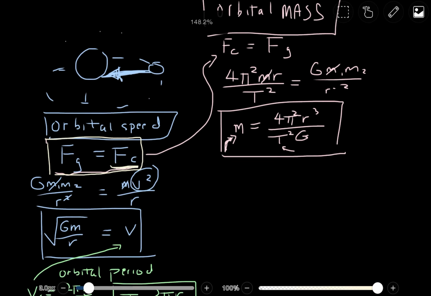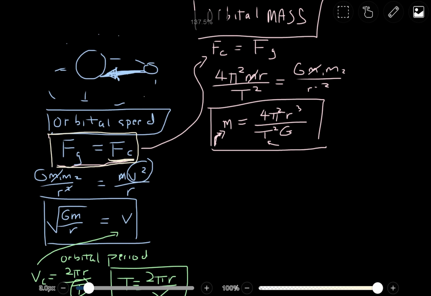Okay, so these are the three things that you will need: orbital speed, orbital period, and orbital mass. These are the three things which you will need to equate centripetal force with gravity, because these three variables all deal with an object in centripetal motion.